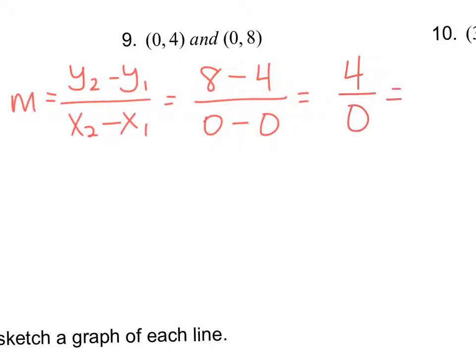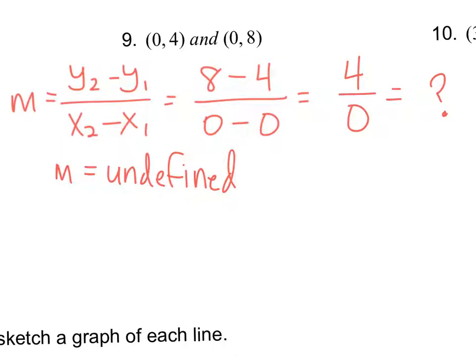But here we have a problem. We cannot mathematically make sense of dividing something into 0 parts. It can't be done. And so our answer for this slope is undefined. This is an undefined slope.